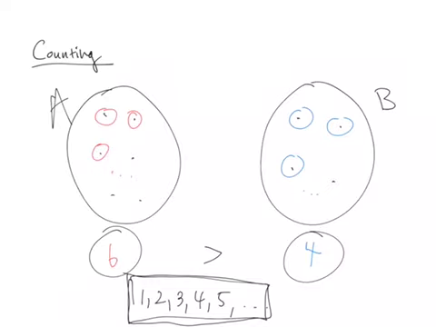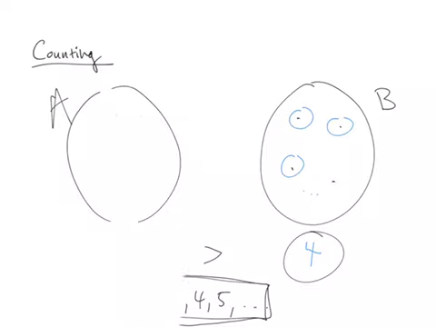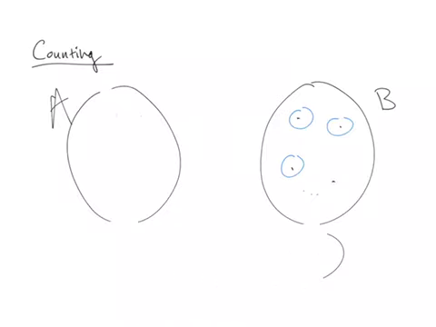You probably know from experience, if one of these collections, say A, had a large number of things, it's easy to lose your count and start thinking about what you're going to have for dinner or whatever, as you're going through the elements of your set and counting off 1, 2, 3, 4, etc. So there's a much more efficient way of comparing the size of our two sets that doesn't involve the concept of number, at least not at the outset, not as a primitive notion.